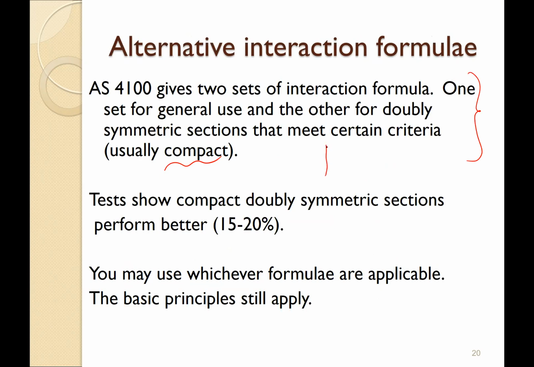So if you generally think of a general symmetrical I section, will be a compact section, doubly symmetric one. Now tests show that compact doubly symmetric sections perform better, 15 to 20%. You may use whichever formula applicable, but the basic principles still apply. That means you can use either of the formula, but your basic principle remains same.